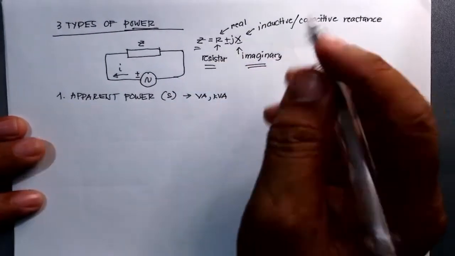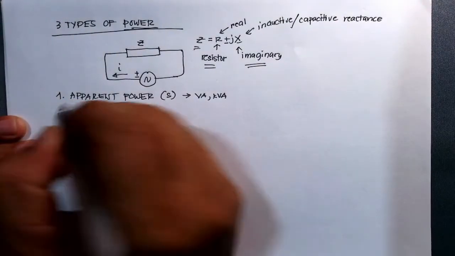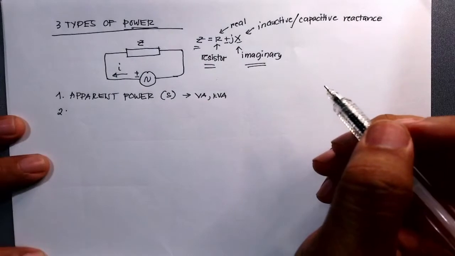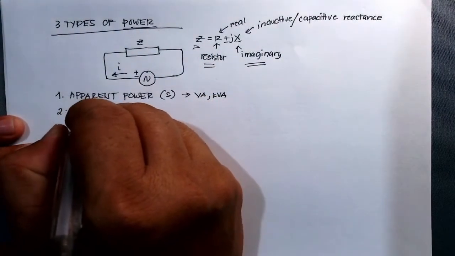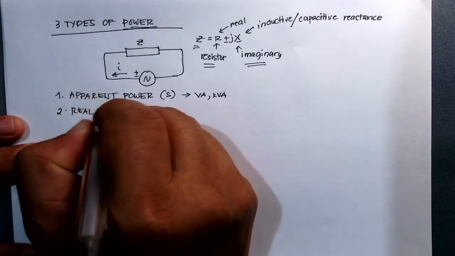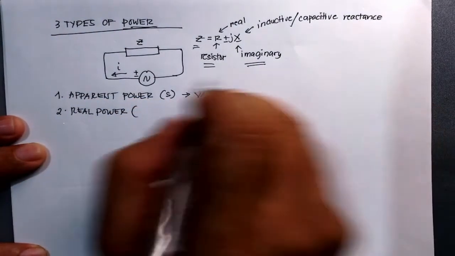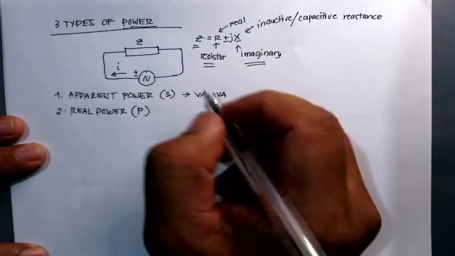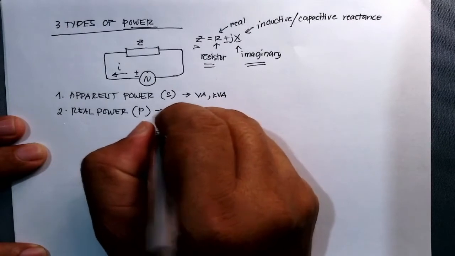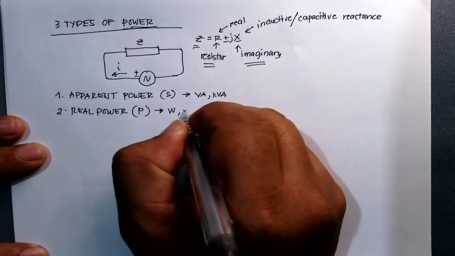And the second one, these are the power produced by your resistor, and we call this real power. The real power. Okay, and we also use the notation letter P. Okay, and the units that we are using here is watts or kilowatts.